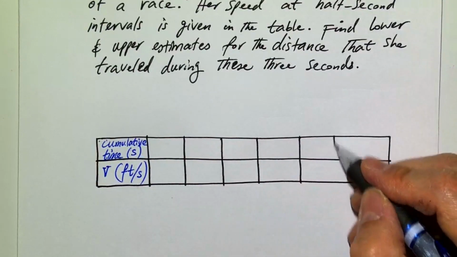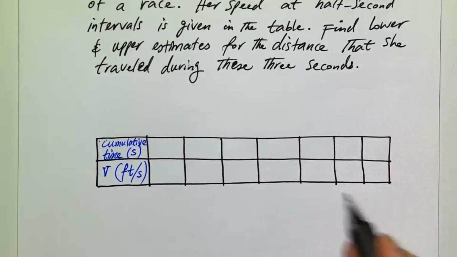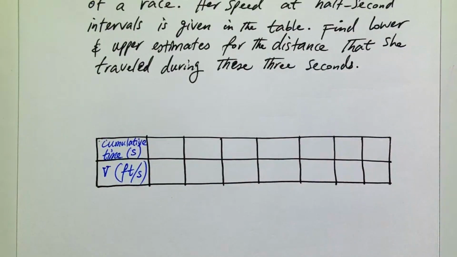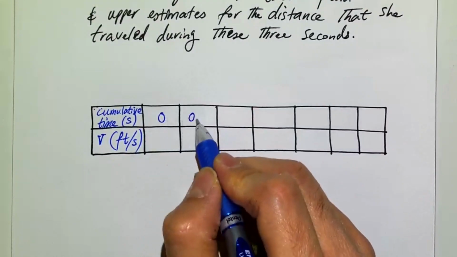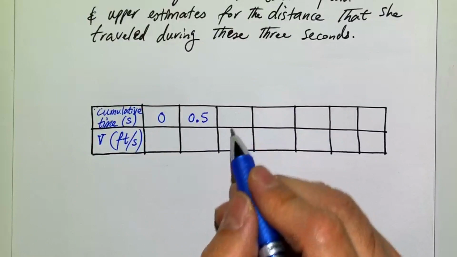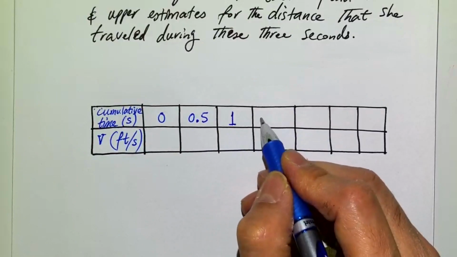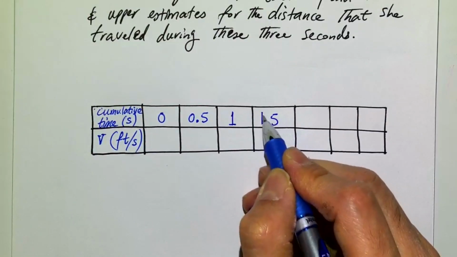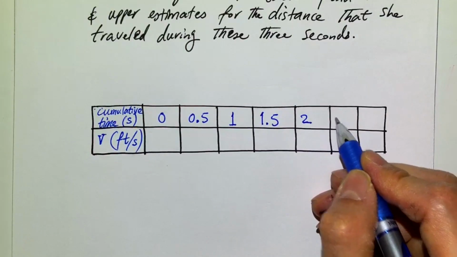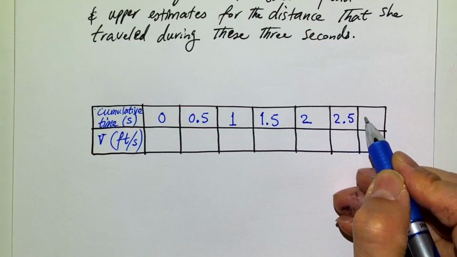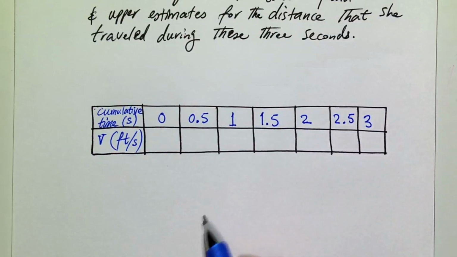I need 2 more here. These are a little bit smaller, but these are the times. So we have 0 and then 0.5, 1.0, 1.5, 2, 2.5, and of course 3 seconds.